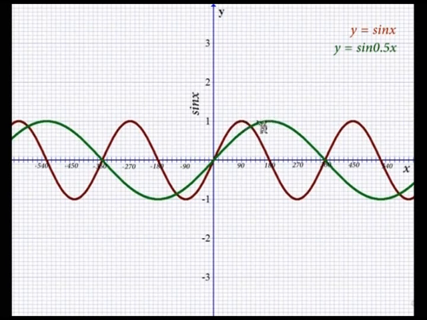And so we are stretching that out. Our peak here, which was at 90, now is occurring at 180 after we divide by 0.5. This intercept is at 180 degrees. It's now intercepting at 360 degrees. And again, that's because we take these values and divide by the coefficient of x.